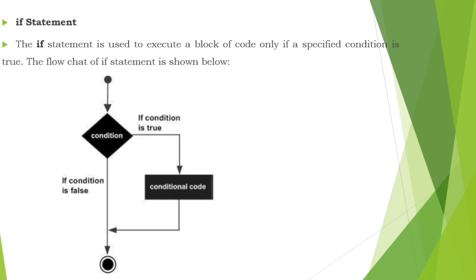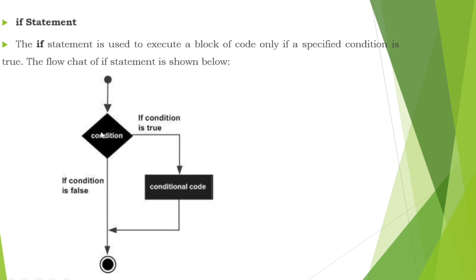The if statement is used to execute a block of code only if the condition is true. This is the block diagram of the if statement. Remember your code is executed line by line, and it goes to a line which is the condition.